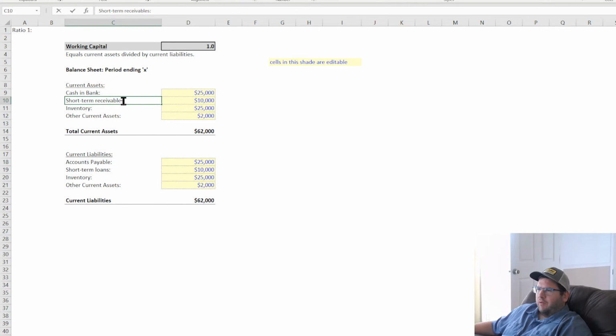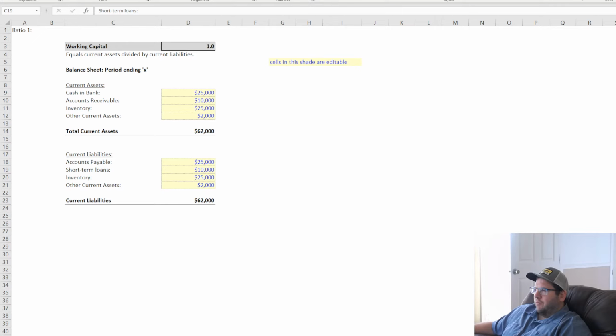I guess we could put here, instead of short-term, this could be just accounts receivable. Just expect that those are 1 year or less. Accounts receivable, accounts payable, short-term loans. What else is a good one? Accrual stuff we're not going to put in here.